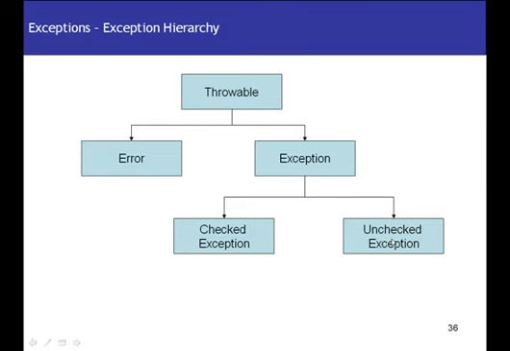What do I mean by a checked exception? It means that I need to handle those exceptions. Whenever these kinds of exceptions occur in my program, I need to provide an alternative path to handle that exception, and give the appropriate message to the user, right?